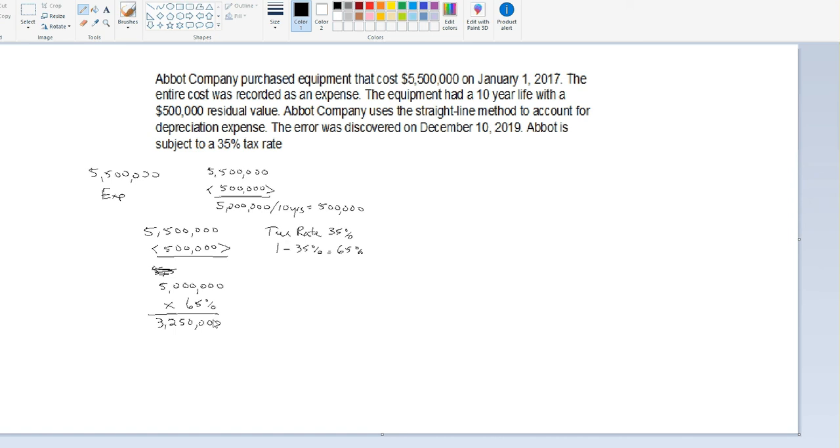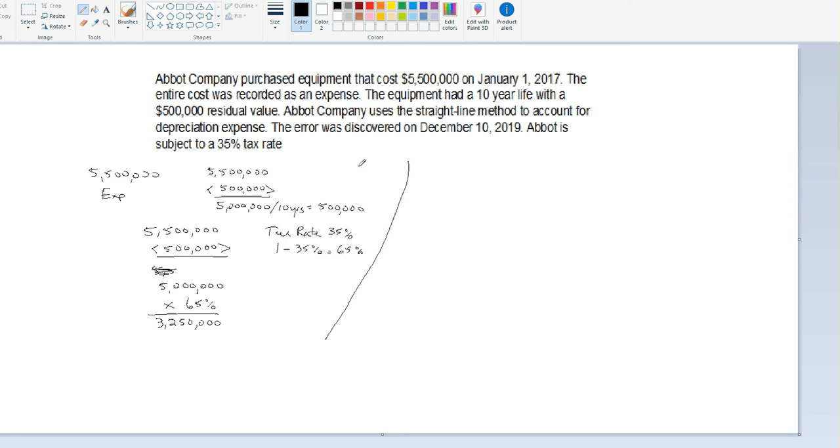So we know for 2017, net income should have been $3.25 million higher than what it actually was. What if the question was, what if we discovered the error on December 10, 2019, and the books are now open in 2019 but not in 2017, how do we make this correction of the error?